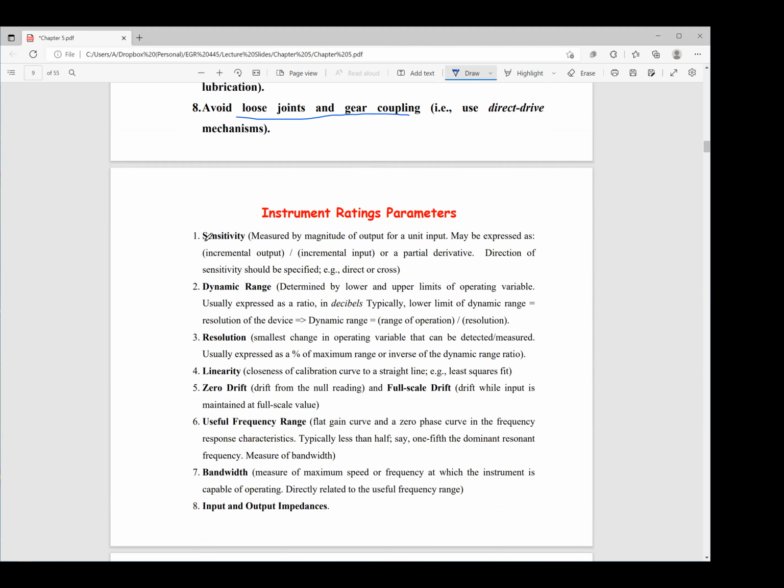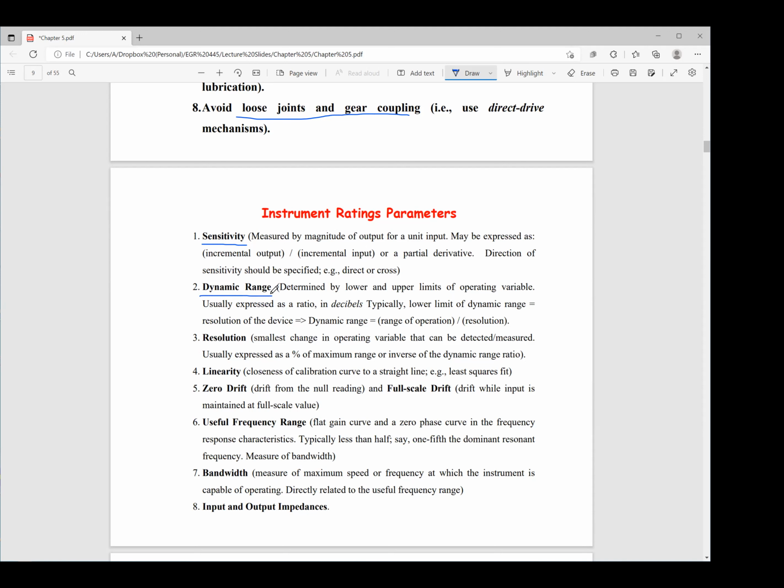So when we try to design mechanical instruments or mechanical systems, we have to specify a few things for the instruments. First, we want to see what is the sensitivity of the instrument, which is the response of the system to the unit input, which is also known as the scale factor. So what is the output if you supply one unit input? What is the dynamic range, which means in what range that system will operate?